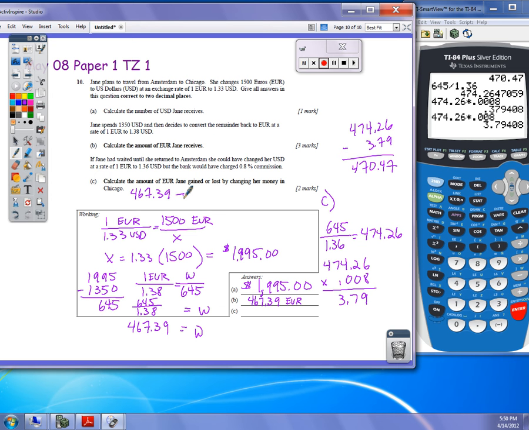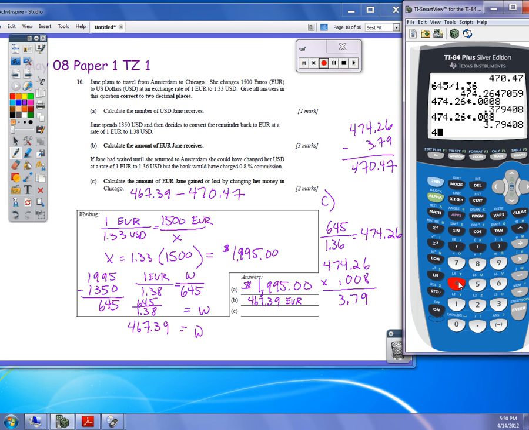However, if she would have waited and gone to Amsterdam, she would have gotten 470.47, and the difference is 467.39 minus 470.47. So what she lost was €3.08.